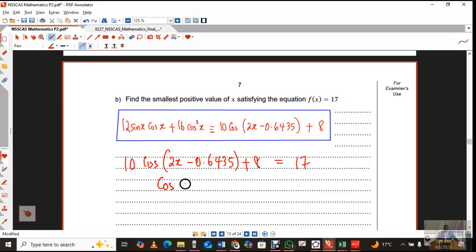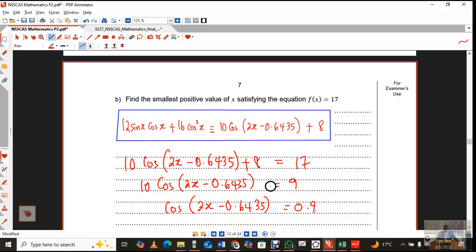So that's 10 cos of 2x minus 0.6435 is equal to, take that 8 over, that's going to give you 9. Then cos of 2x minus 0.6435 is 0.9. Of course, I get that by dividing 9 by 10.